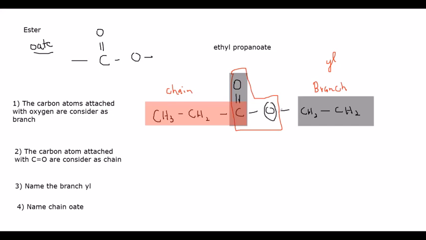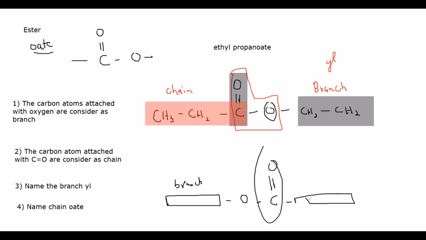The carbon which is attached to an ester group, ester means C double bonded with O and O. So oxygen can be on the right hand side, or this oxygen can be on the left hand side. The chain which is attached with oxygen is considered a branch, and the part which is attached with this carbon of C double bonded with O is considered a chain.